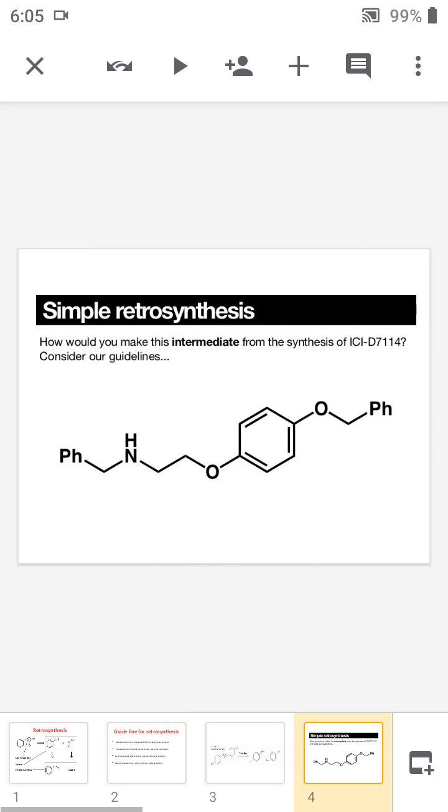Now we are moving into another example. This is the molecule ICI D7114. If you are doing the retrosynthetic analysis according to the above guidelines, the retrosynthetic analysis is the reverse of the actual synthesis. And here we have to see the two different types of heteroatom, nitrogen and oxygen.